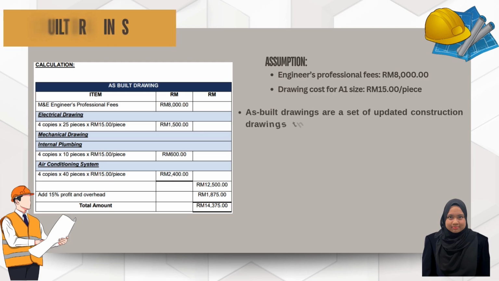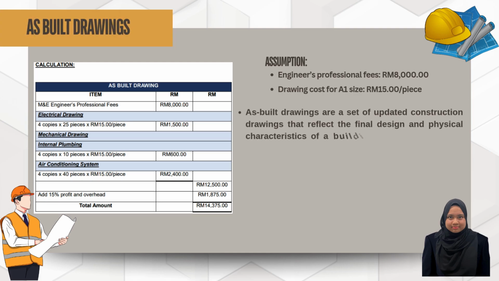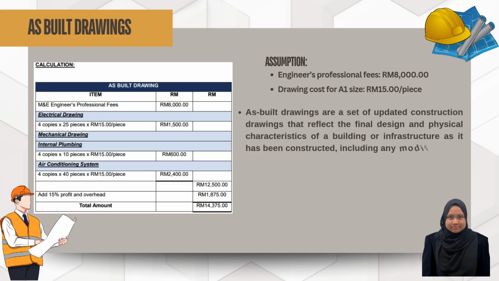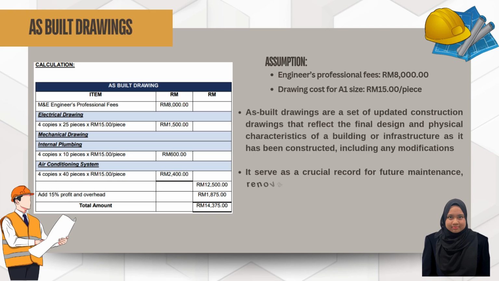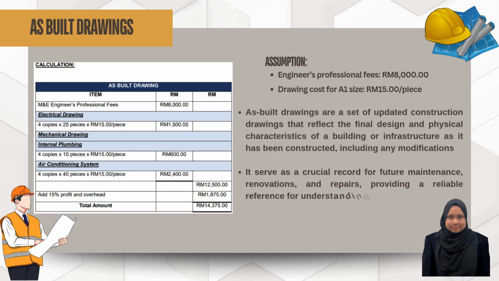The next item is as-built drawing. As-built drawings are a set of updated construction drawings that reflect the final design and physical characteristics of a building or infrastructure as it has been constructed, including any modification. It serves as a crucial record for future maintenance, renovation, and repairs, providing a reliable reference for understanding the completed work.